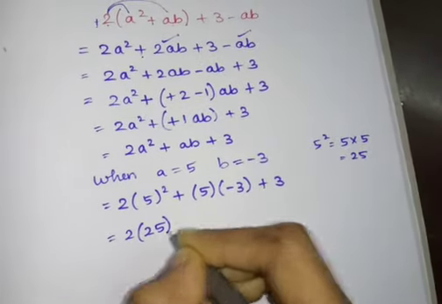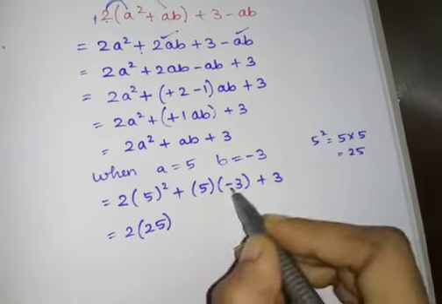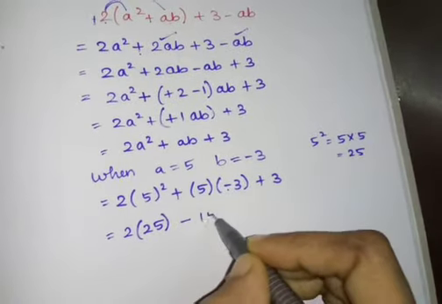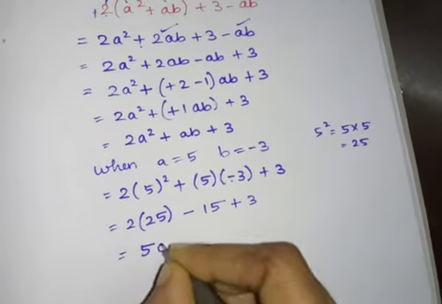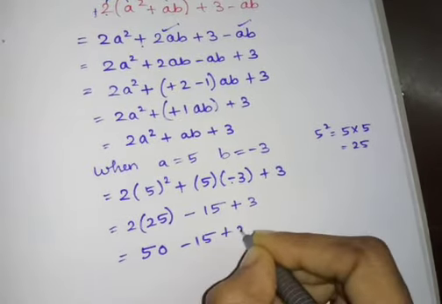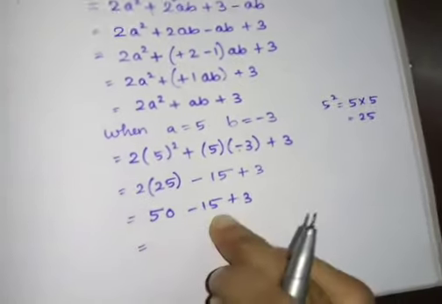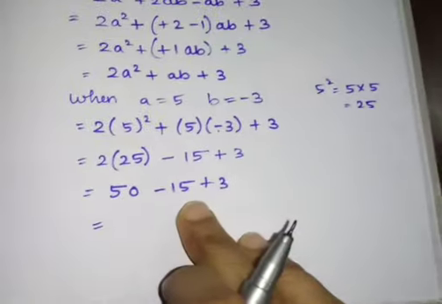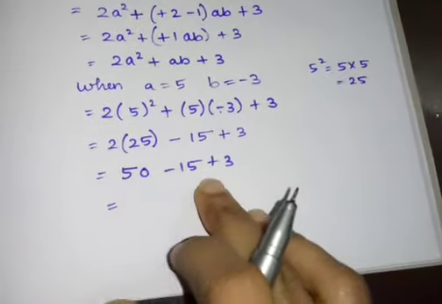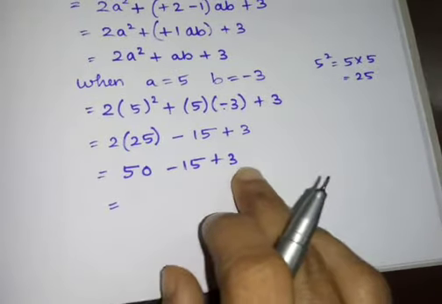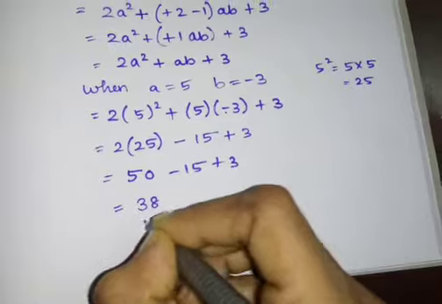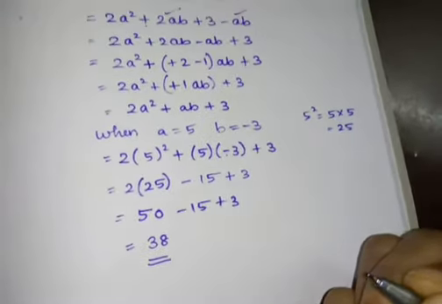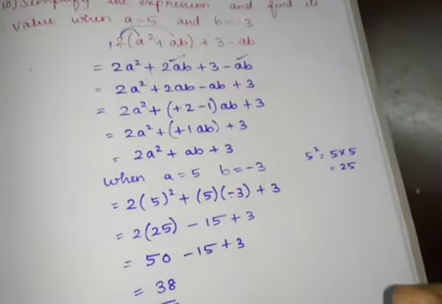Now plus into minus, 5 3s are 15, plus 3. 25 into 2 is nothing but 50, minus 15 plus 3. Now 50 minus 15 is what? 35. Correct? 35 plus 3 is 38. Answer is 38, the value of the given expression.